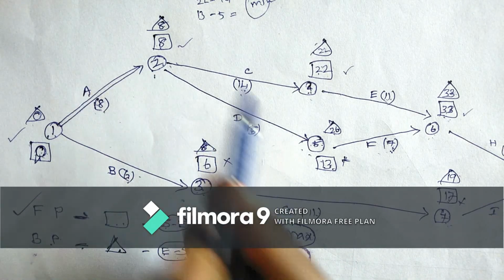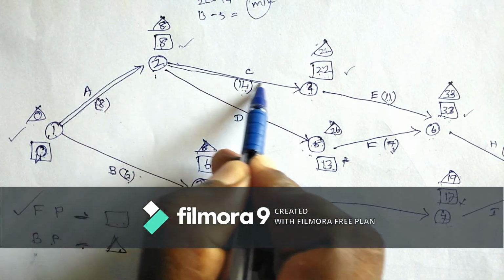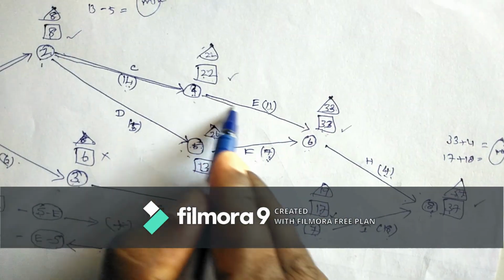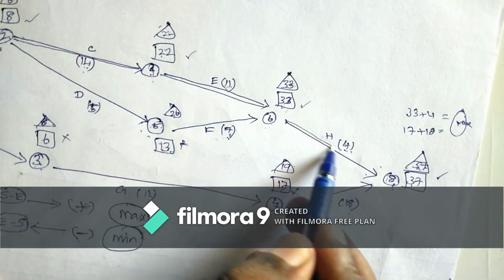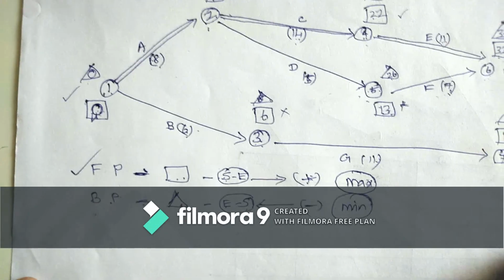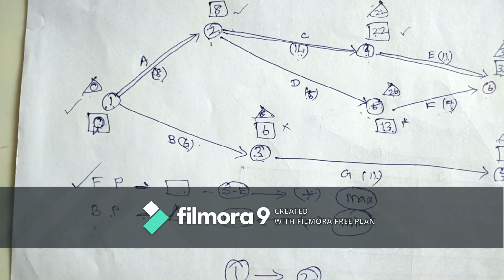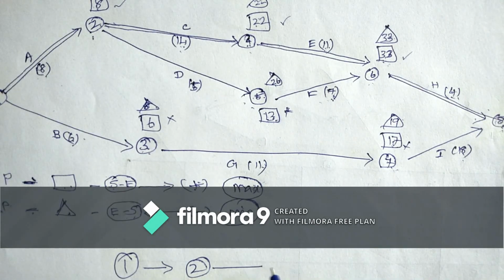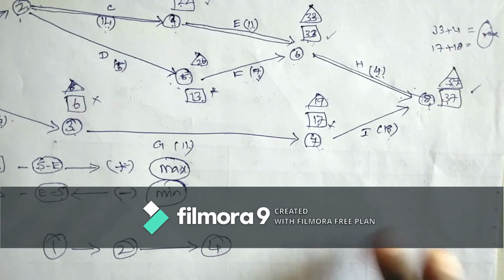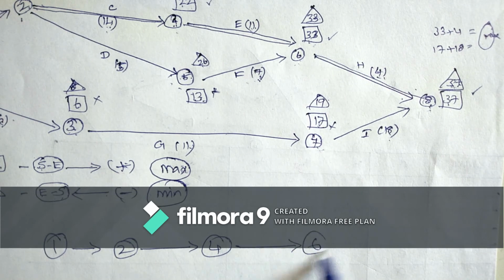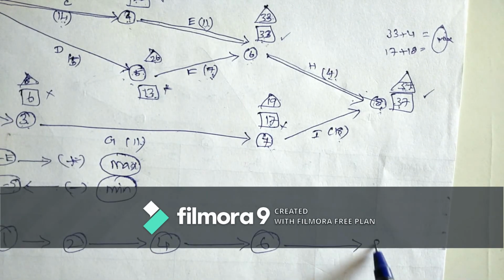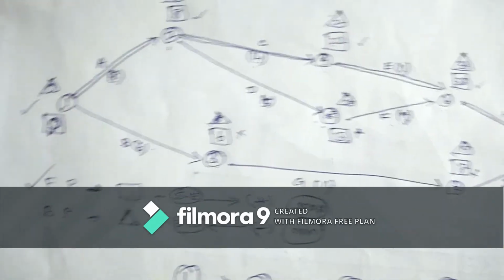Here equal, here not equal. So connecting the equal values, what is the path? 1 to 2, 2 to 4, and 4 to 6, and 6 to 8. So this is the path.